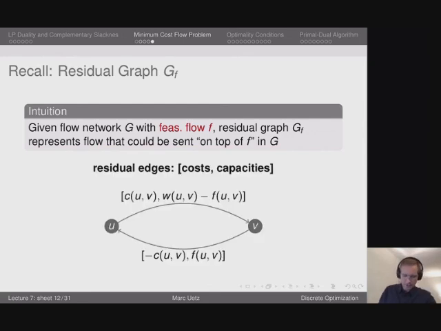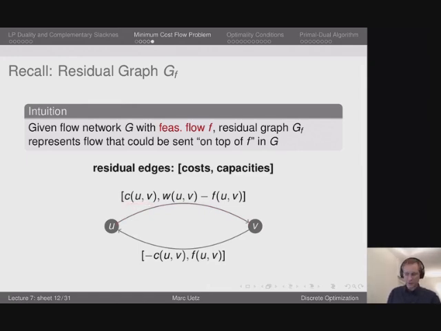So if we have an edge from U to V with a cost C and a capacity W, and we have a certain flow value F on that edge, then the remaining capacity on that edge will be just the upper capacity minus the flow value, W minus F. And the cost of that flow that I can still send on top of the given flow in that direction has the same cost per unit as it had before.